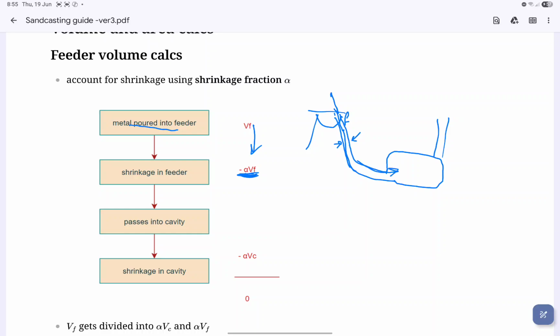Then it goes into the cavity, okay? And here, it also undergoes shrinkage, by alpha times VC, VC being the volume of the cavity. And once we have everything subtracted, it apparently equals 0. But this is just to understand the process. I'm going to go into what it means next.